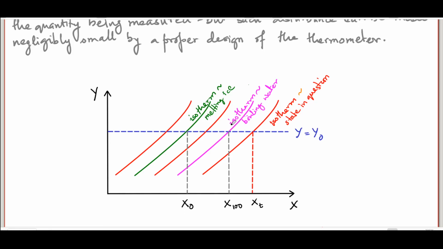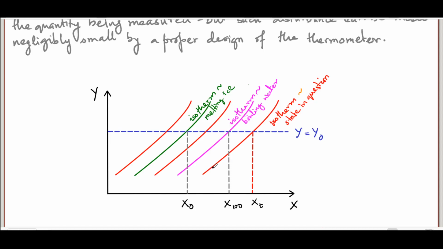Similarly, when you bring this in contact with boiling water, you get a value x100. x0 and x100 are basically numbers or quantities that you need to establish the zero and the size of the scale.